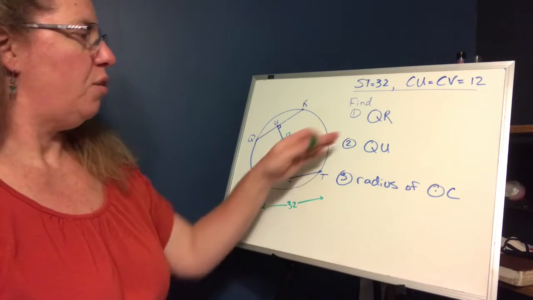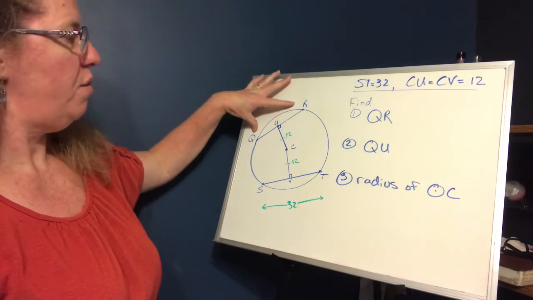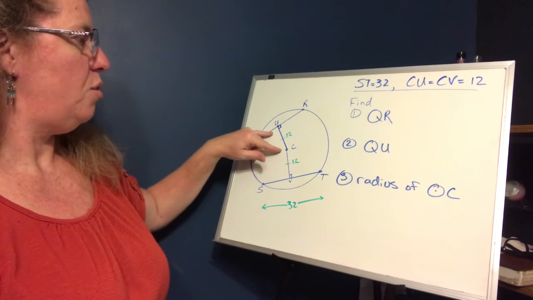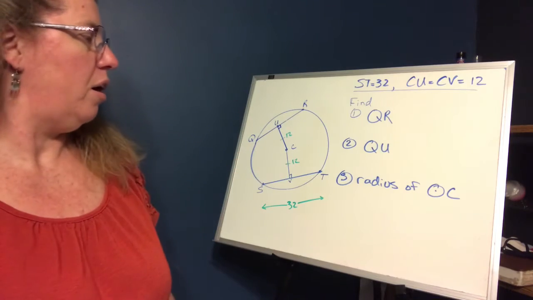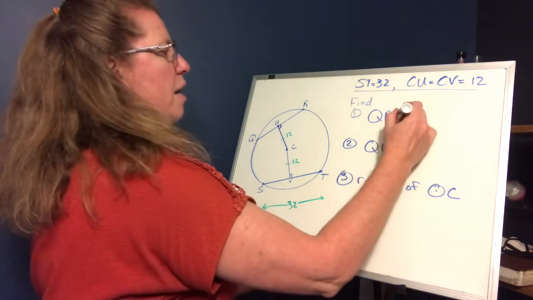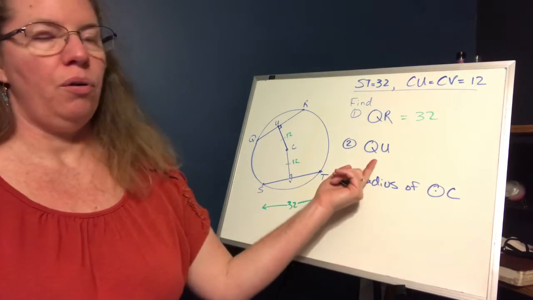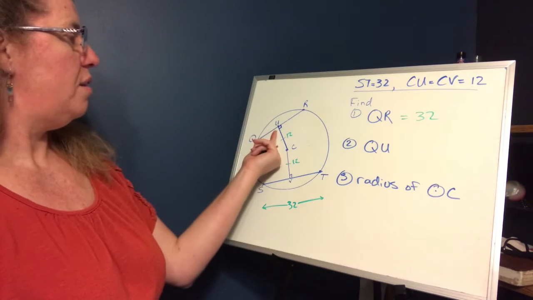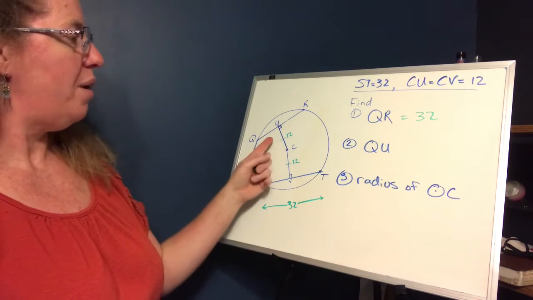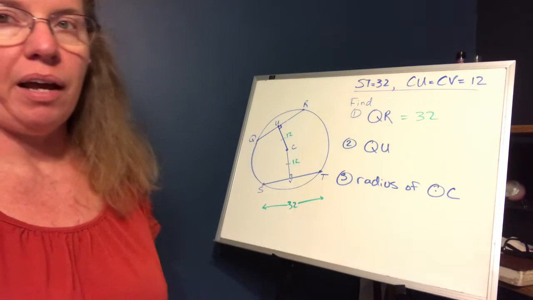All right. So they're going to ask us to find QR. QR is the length of this chord. We're given above that the 2 distances, CU and CV, are congruent. So that means our 2 chords are congruent, and QR has to be 32. Now QU is the distance halfway between Q and R. We know it's halfway because this is part of a diameter, right?